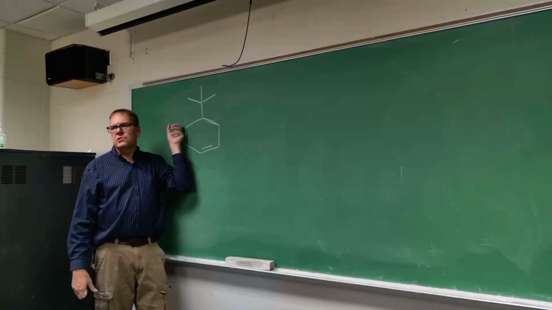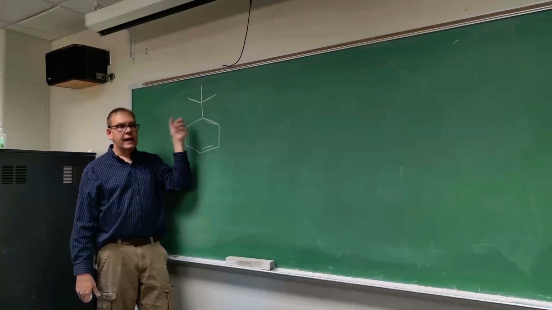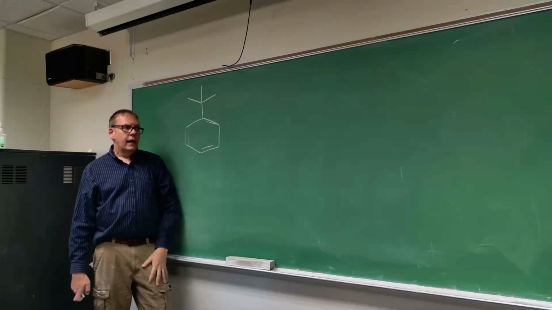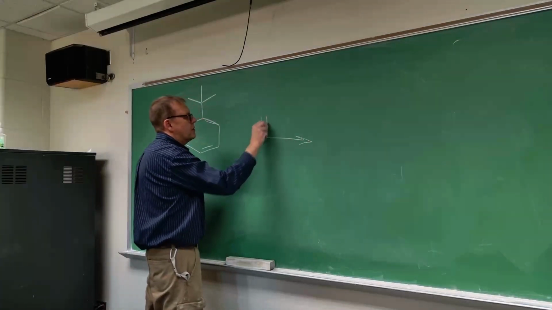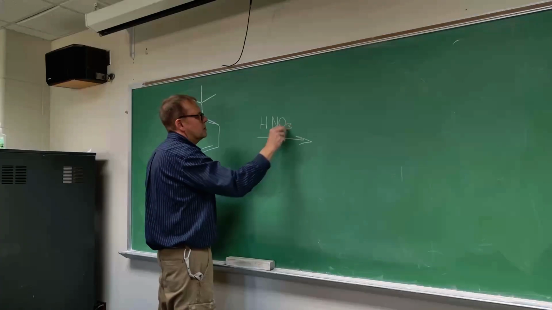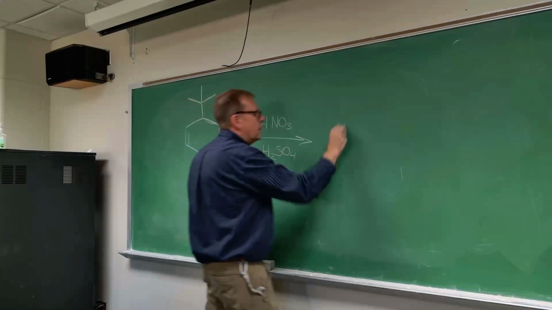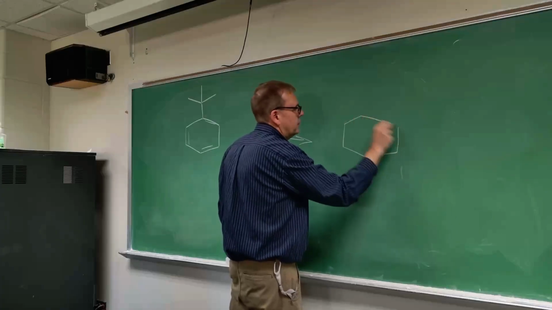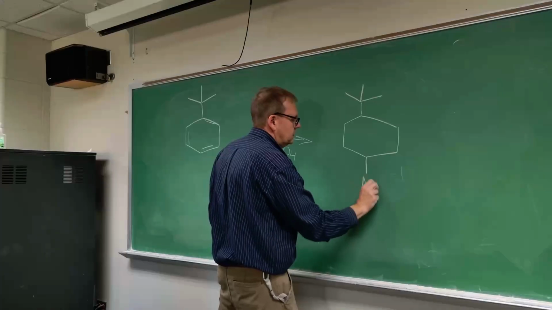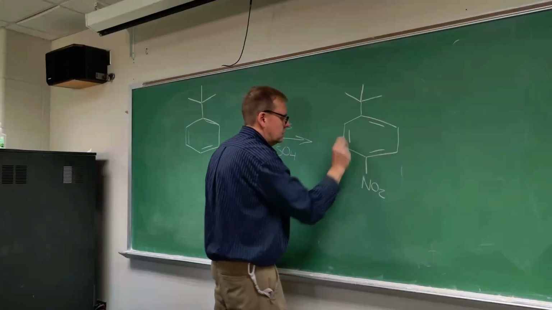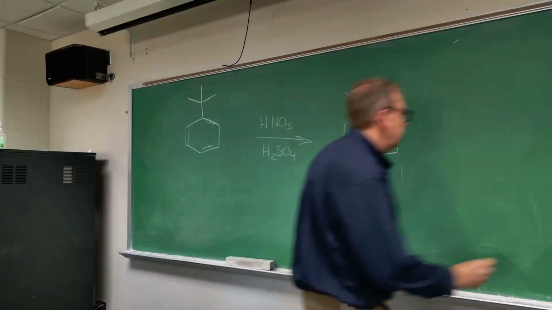It makes the ortho positions especially hard to access, so it's pretty tough to do reactions next to a tert-butyl group. And so if you do some kind of electrophilic aromatic substitution reaction with this molecule, I'll just do nitration as an example, you're probably not going to get very much ortho. Major product.